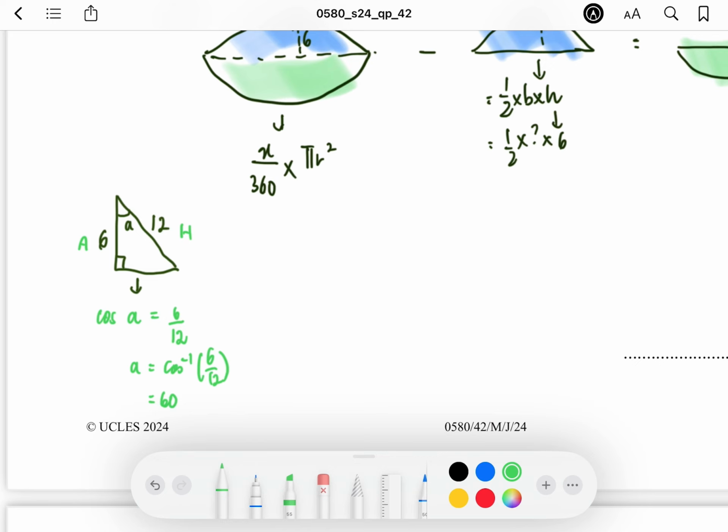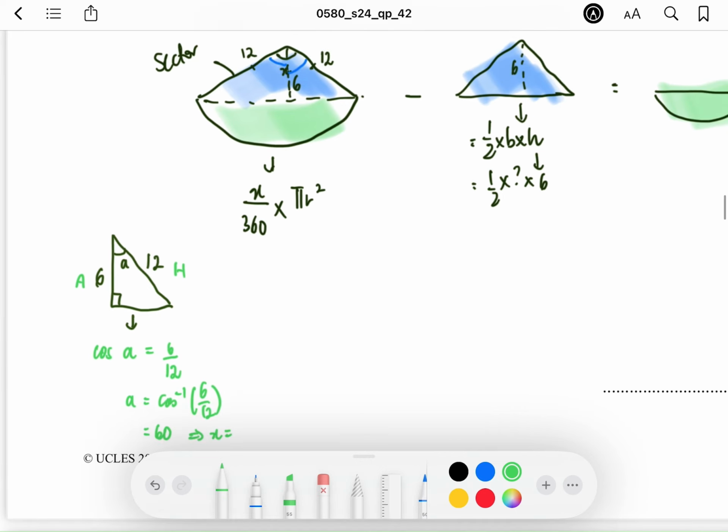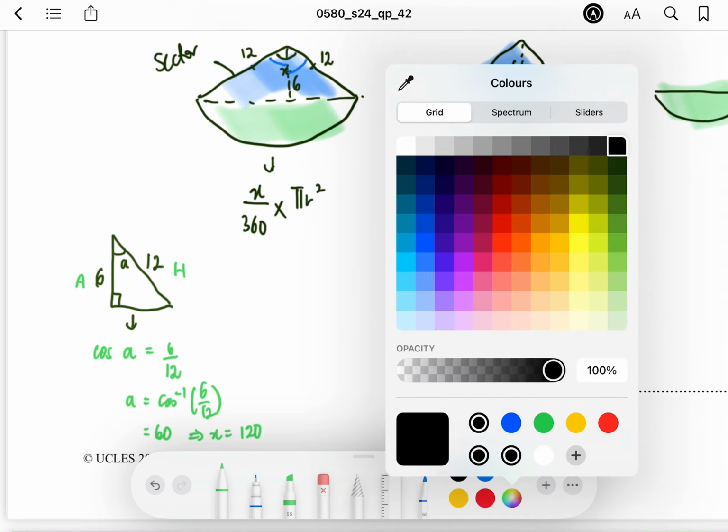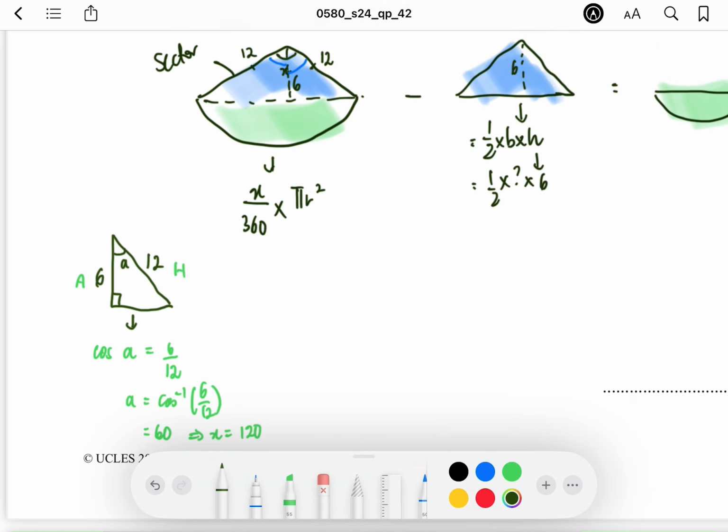yep, that means your X is 120. And that's the 120 that we pakai here. Artinya X is 120 over 360 times by pi times by 12 square. And you get your answer there.